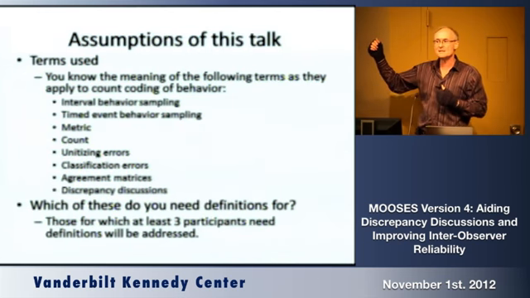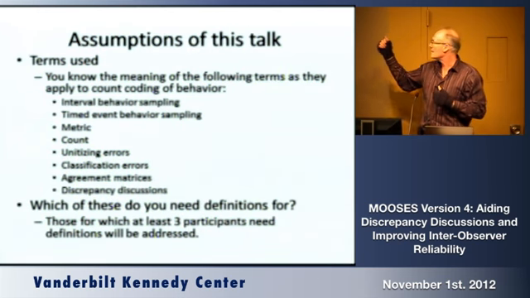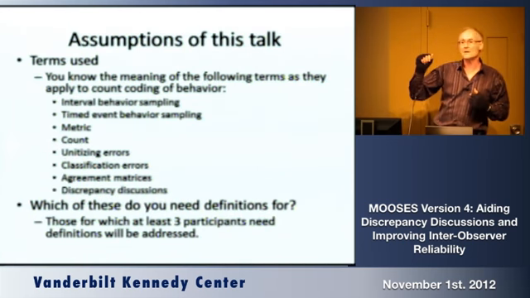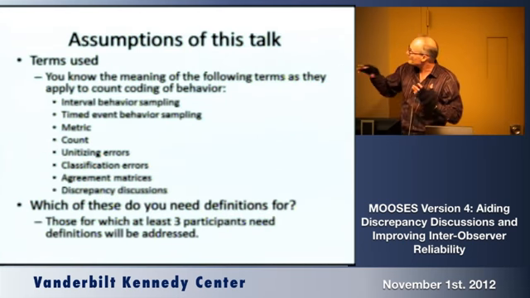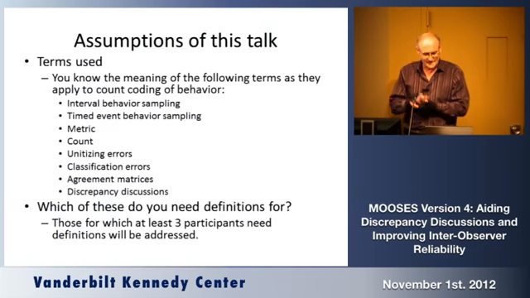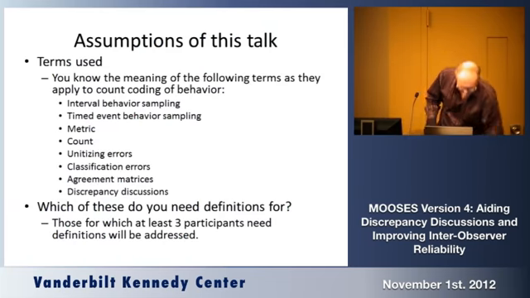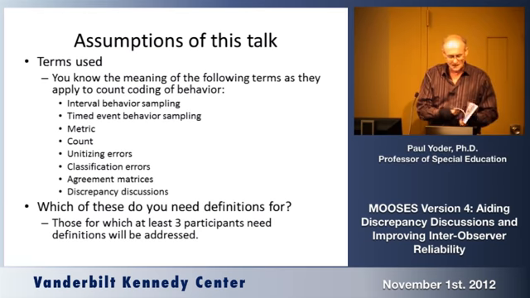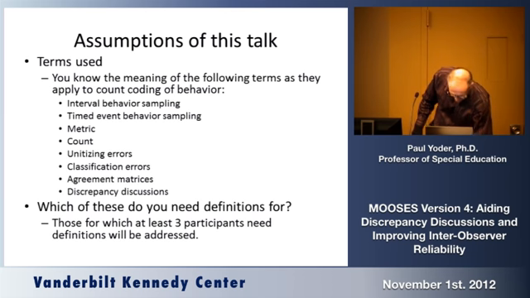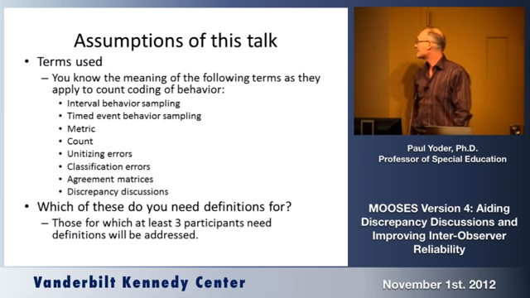Agreement matrices, discrepancy discussions. Okay, so there are a few of you who don't know many of the terms, and there is a glossary in the back here, so you can look at this, you can talk to me, you can probably get that at the library.